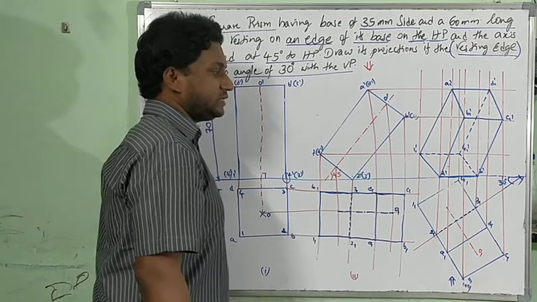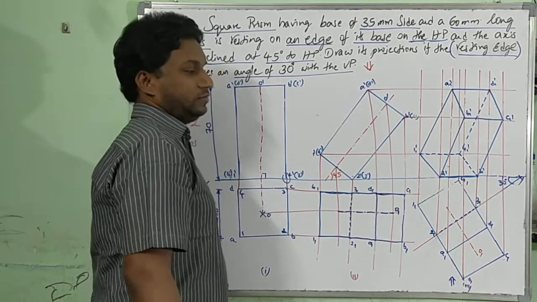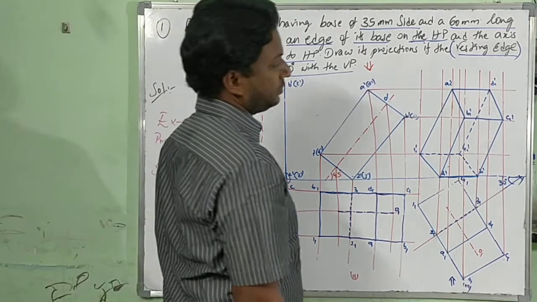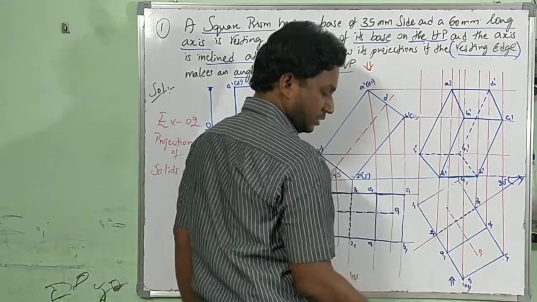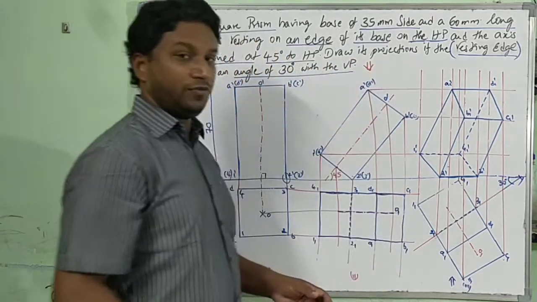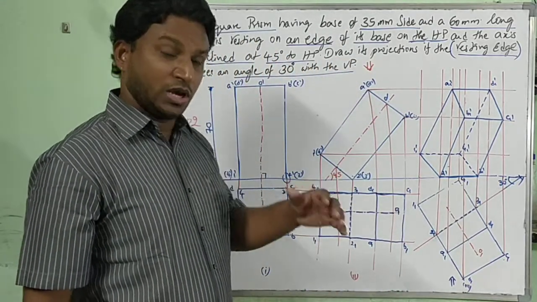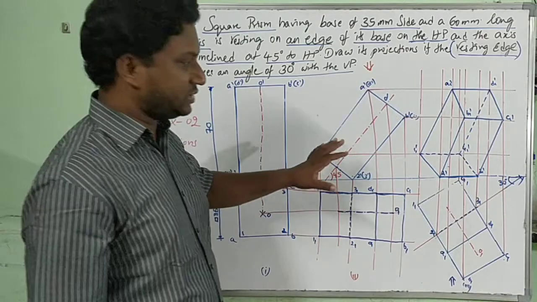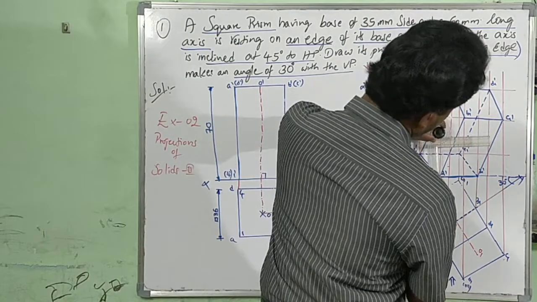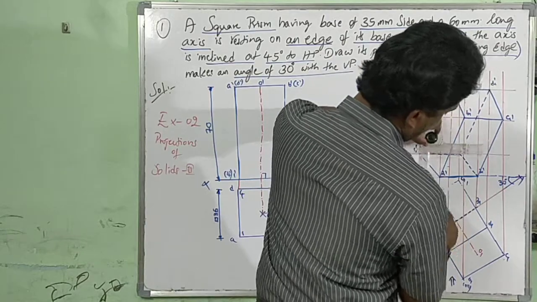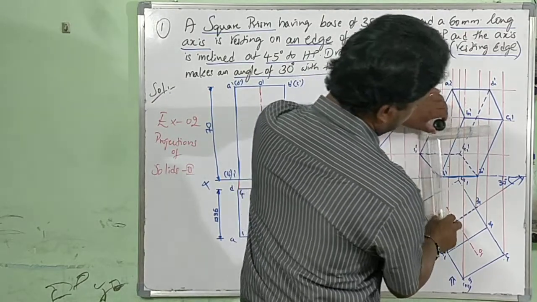Last one more thing is missing. Can you tell me what that is? Axis line. See, axis line you can directly draw from here or you can directly project from here. If you are confused about drawing projectors, finish it, just take from vertical A1 2 3 4 here.